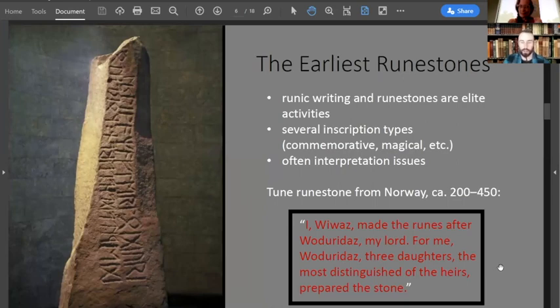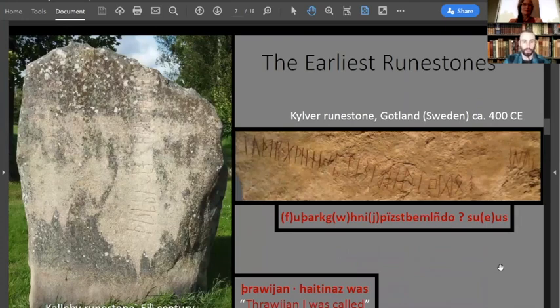And so some more early runestones. We have the Calibri runestone on the left here from the 5th century from what is now Sweden, from the west coast of Sweden. And it says, Thrawian Haitinas wise, or perhaps I was called Thrawian.